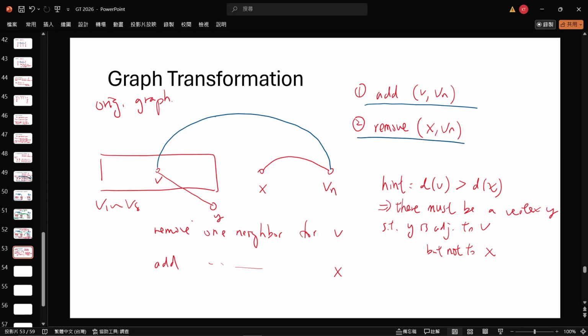Step 2: remove this edge. And what is step 3? Step 3, we remove the edge between V and Y, and we add an edge between Y and x.